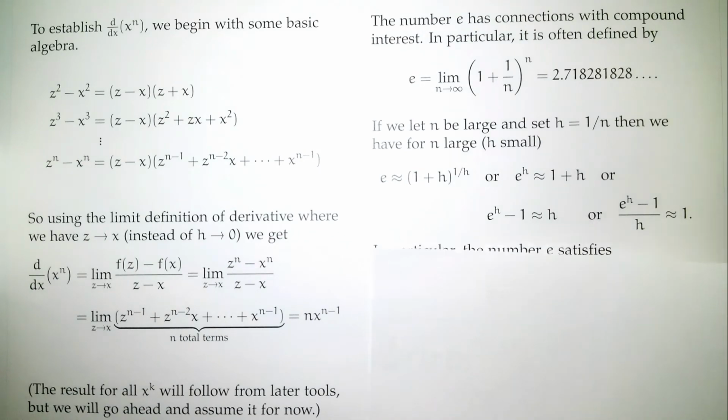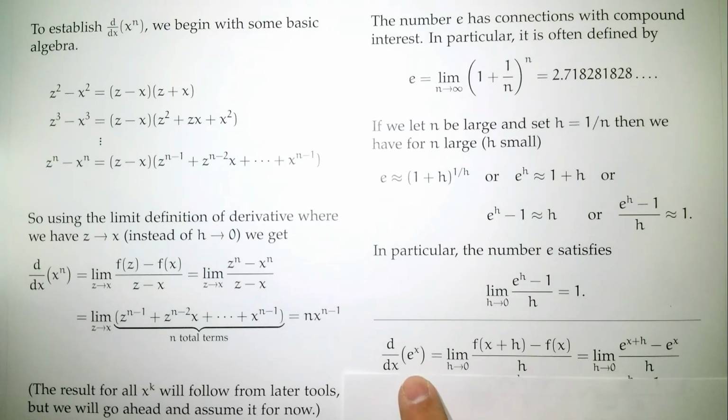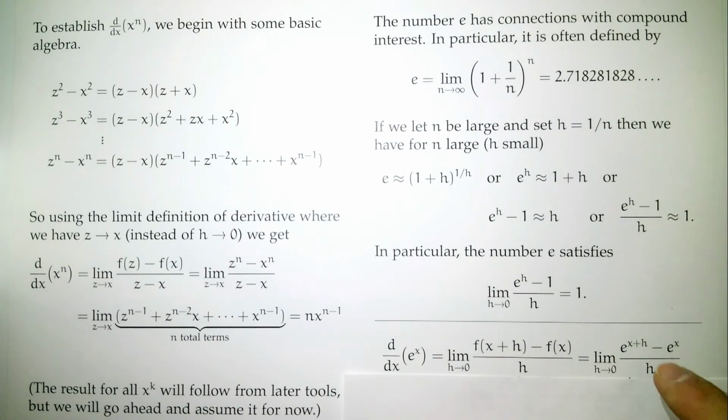So here we go. So the derivative of e to the x, well, now my function is e to the x. So that's f of x plus h minus f of x over h. That's e to the x plus h minus e to the x, over h. Now, what can you do to e to the power x plus h? What can we do?